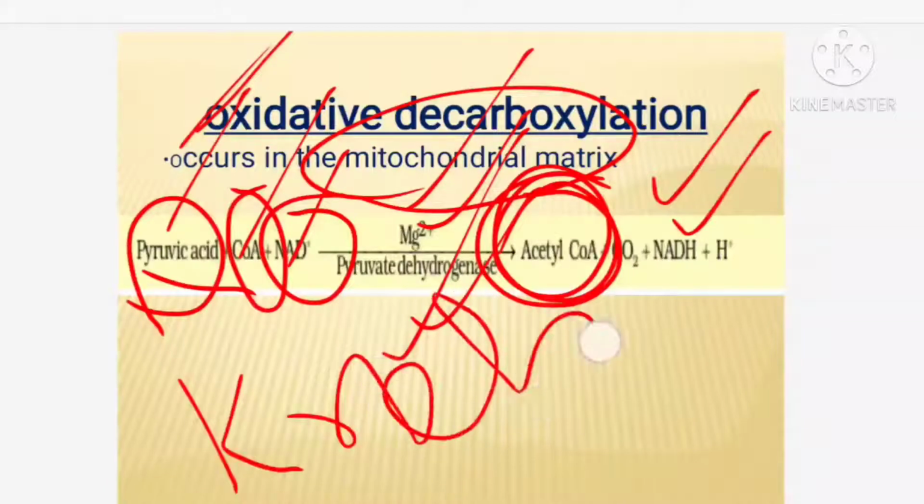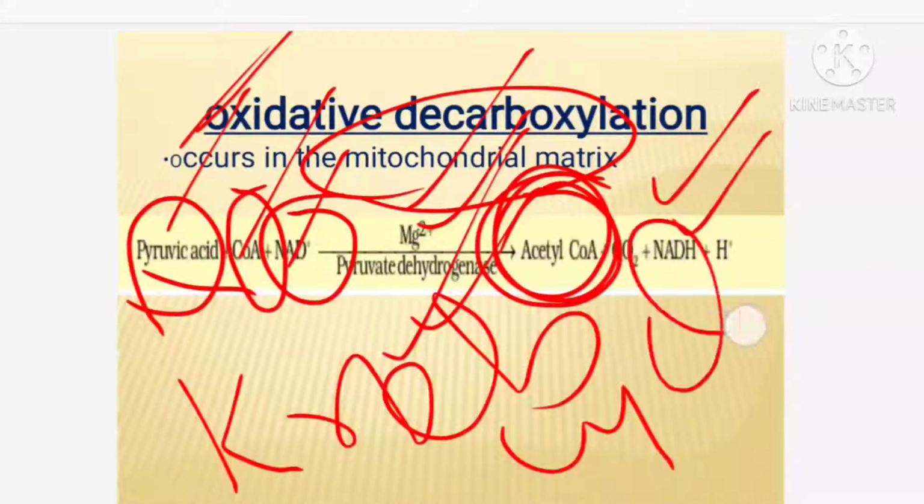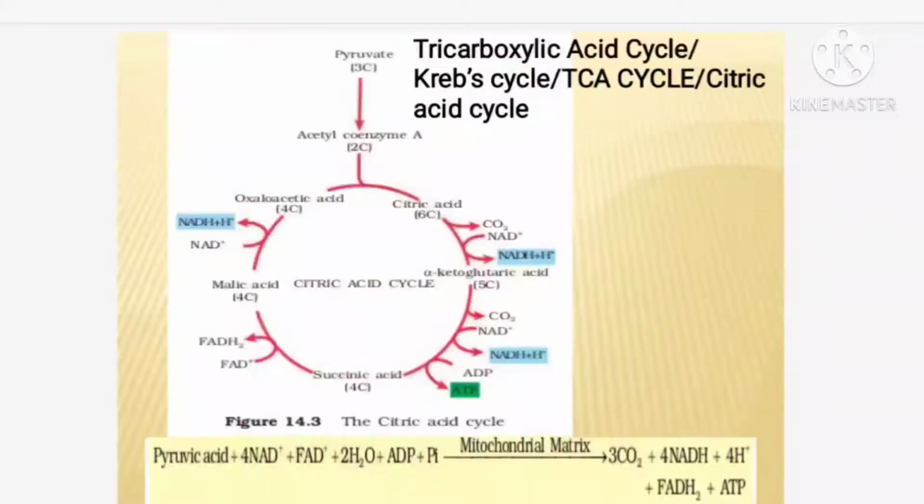So, what is the next step we are going to discuss? We are going to discuss the Kreb cycle, a very important cycle. Here a series of reactions takes place. One product is converted into another. This Kreb cycle can also be called the tricarboxylic acid cycle, Kreb cycle, or TCA cycle. TCA is just the abbreviation. It is also called the citric acid cycle, because the first product formed is citric acid.